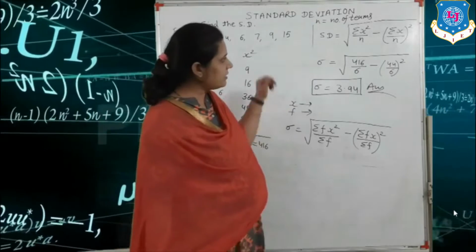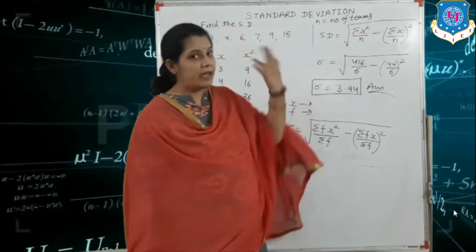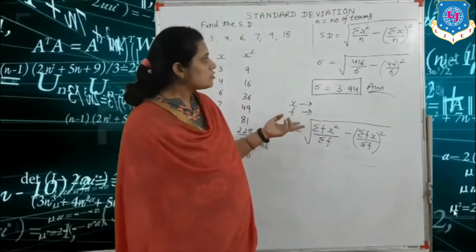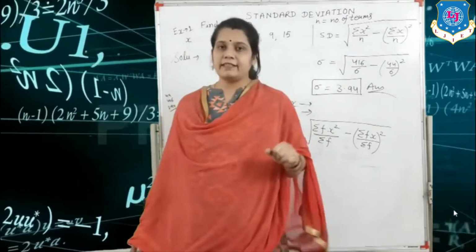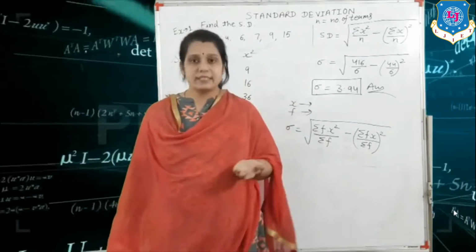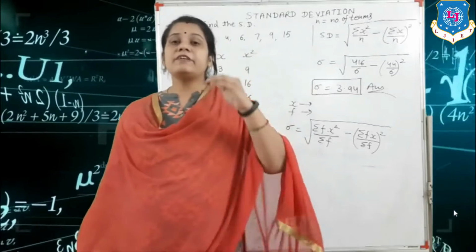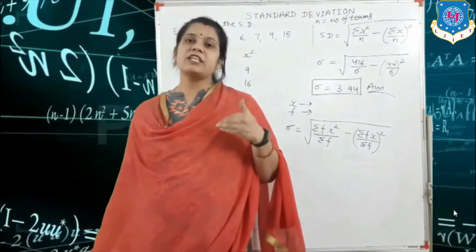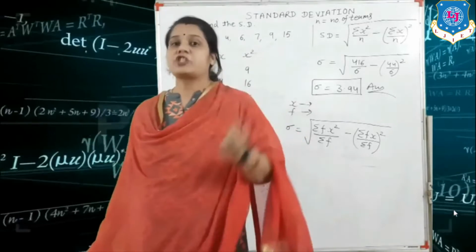The difference is that here in summation x square, if we multiply by f, the frequency, we get the summation f x square. So one trick to always keep in mind: if your question is given in frequency form, listen carefully, that means the frequency is included in your question.